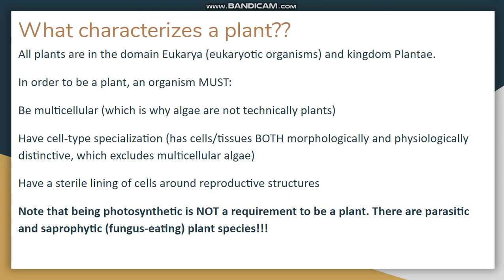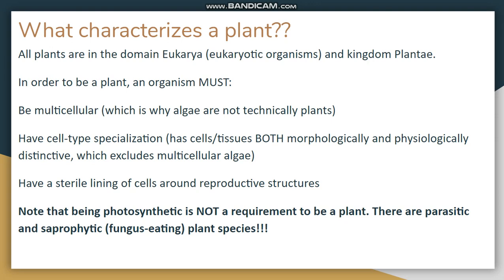First of all, the organisms have to be multicellular. There are multicellular algae, but not all algae are multicellular. If you have a group where some of the individuals don't meet the classification characteristics or criteria for that particular level of classification, you have to exclude the entire group.